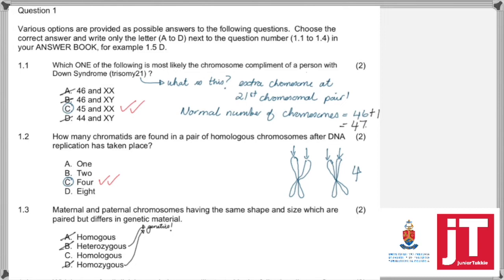And homozygous chromosomes as well. Well, we're looking at genetics there as well. So homozygous, heterozygous, we're talking about genetics. Homologous, I think, is just put in there to confuse us a little bit. But homologous is definitely the one that describes what we've just read in question 1.3. So we're going to be choosing option C for this question.